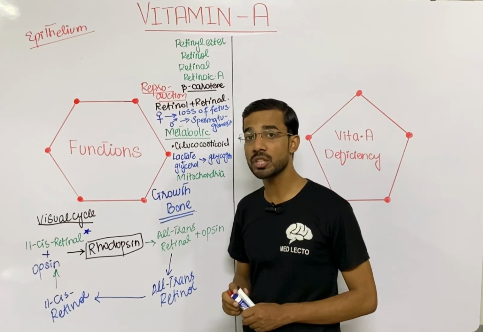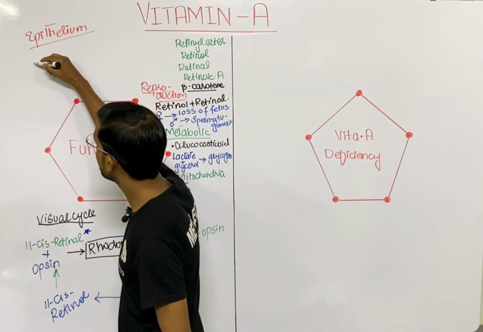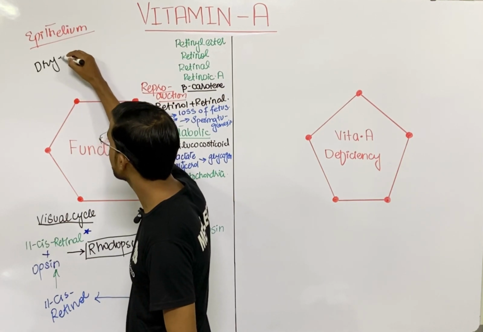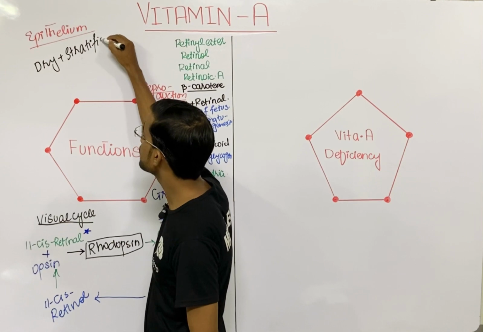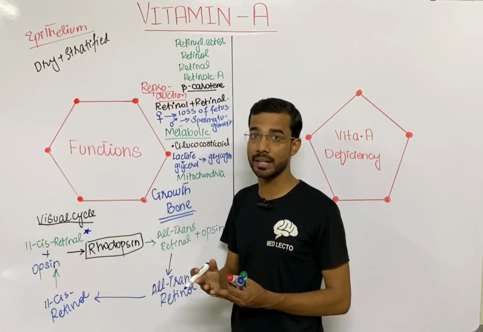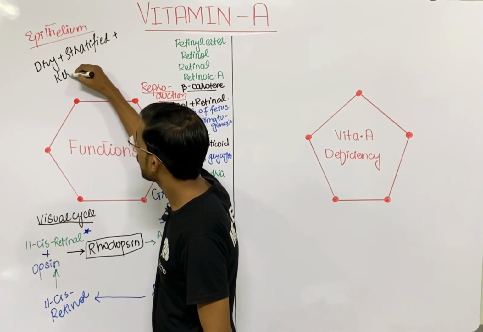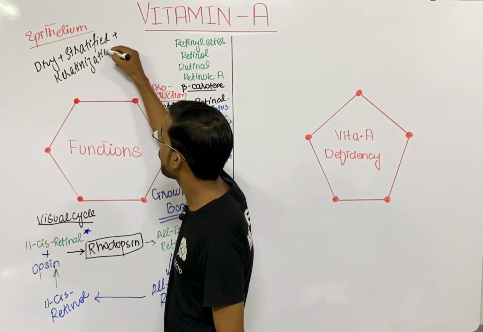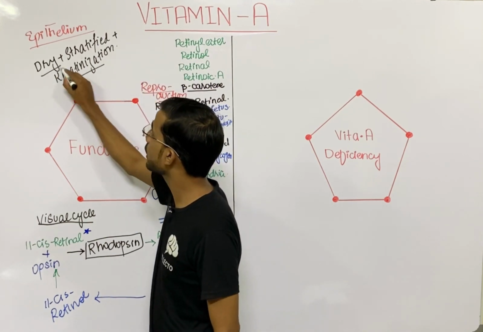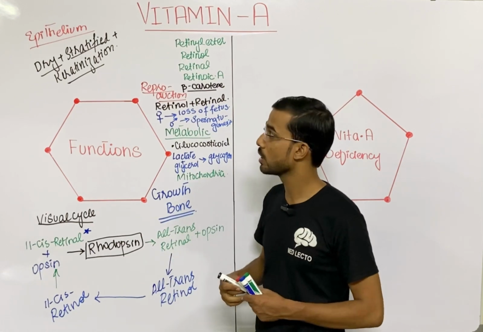When you see deficiency of vitamin A, the epithelium becomes dry, stratified, meaning the formation of different layers, and keratinization of the epithelium, and ultimately you will see different ophthalmological and dermatological disorders.